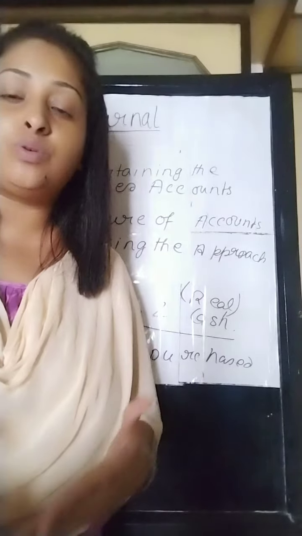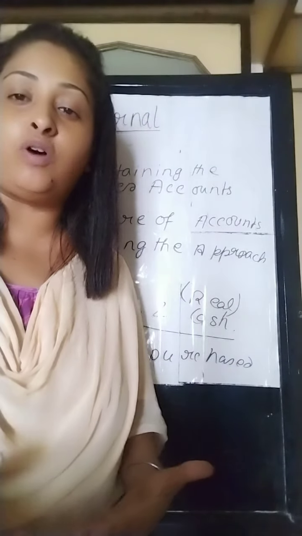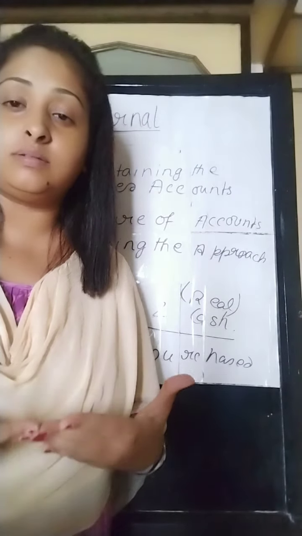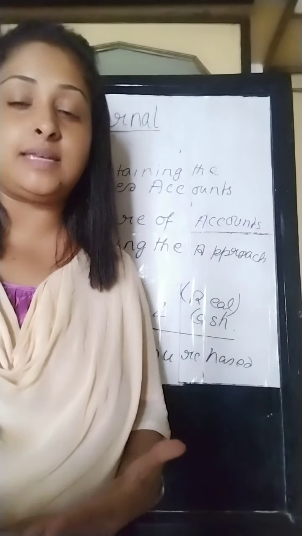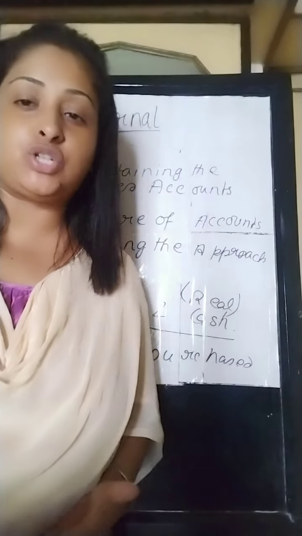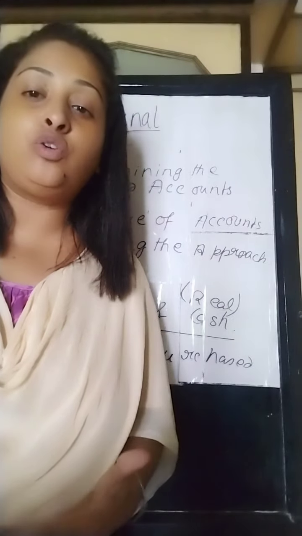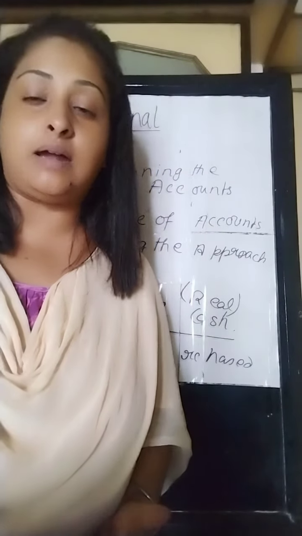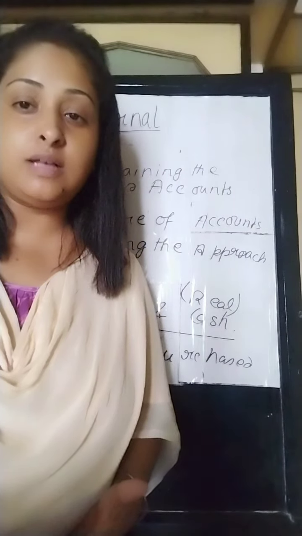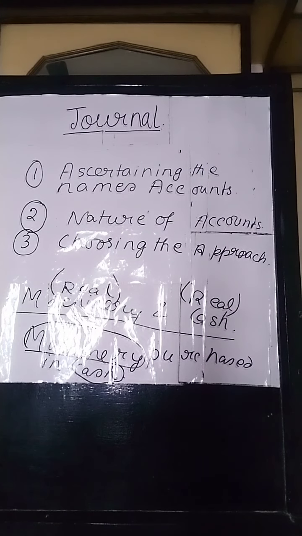Which approach should be followed is the third step of journalizing. Generally, we follow the British approach, that is the golden rule of accounting. We follow the British approach and not the American approach.